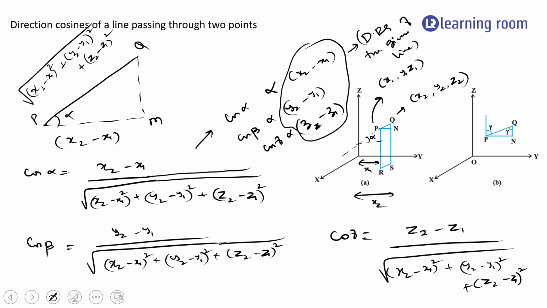Whereas if you want only the direction ratios, you will just take the difference between the corresponding coordinates. So x2 minus x1 is equal to a, y2 minus y1 is equal to b, z2 minus z1 is equal to c. So what we did here is, in addition to finding the direction cosines of a line passing through two given points, we also found the direction ratios.